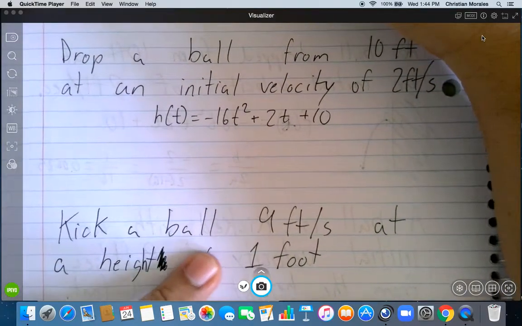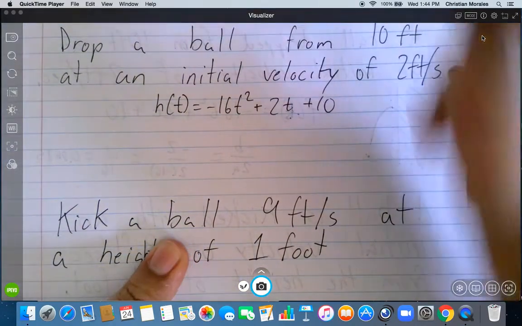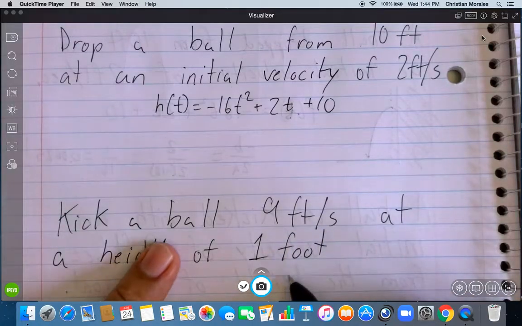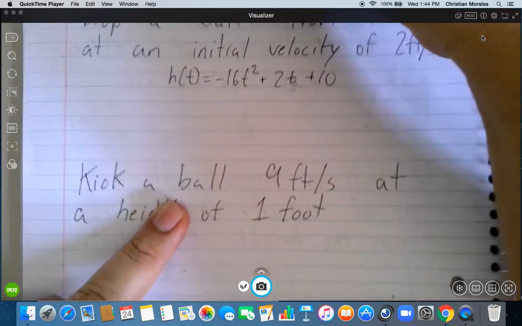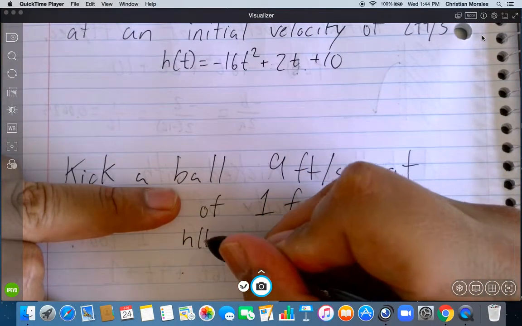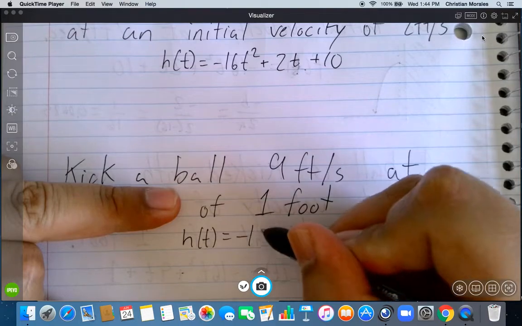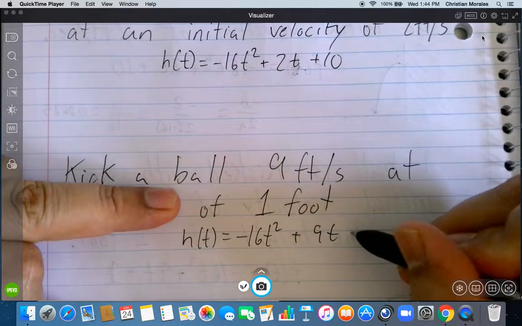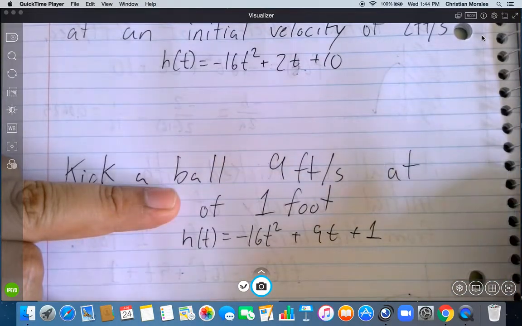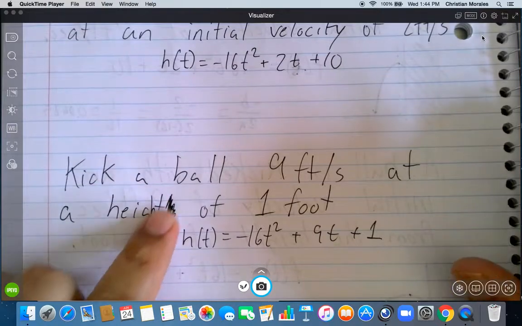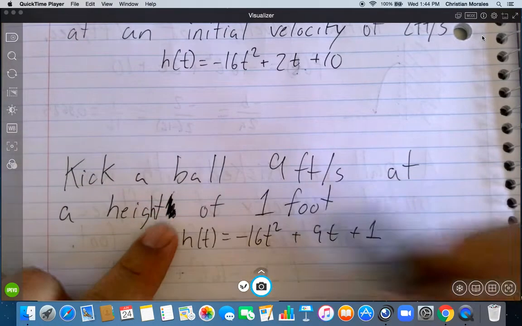And if you kick a ball and it's going 9 feet per second, and the initial height was 1 foot, your function would look like this. Okay, so that's how you basically write your function down. That's basically it. And sorry, I misspelled height, so I had to erase that.